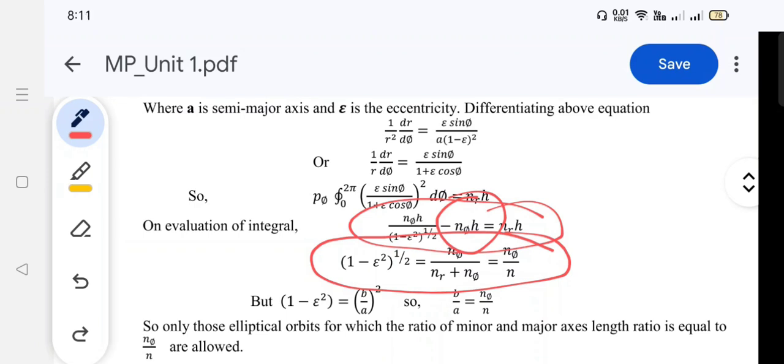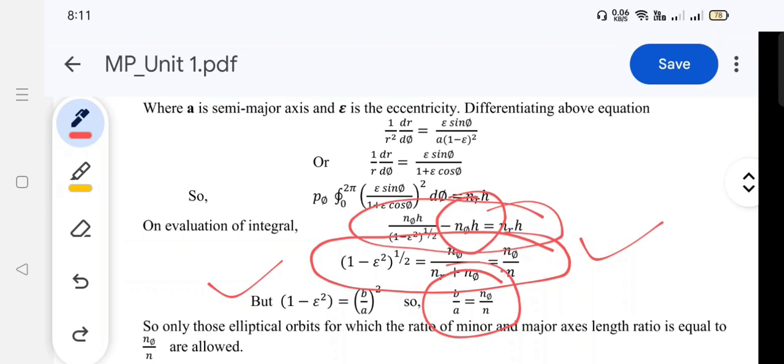But from the properties of an ellipse, we know that 1 minus epsilon square is nothing but b by a whole square, where b is the semi-minor axis and a is the semi-major axis. So comparing these two equations, we can write b by a is equal to n phi by n.